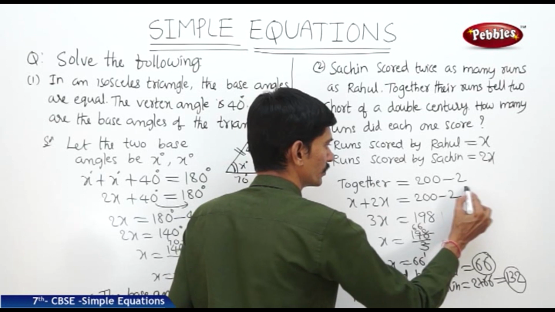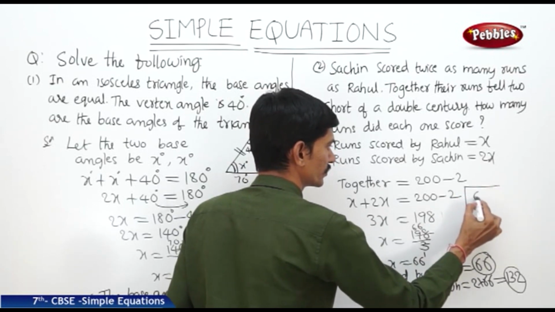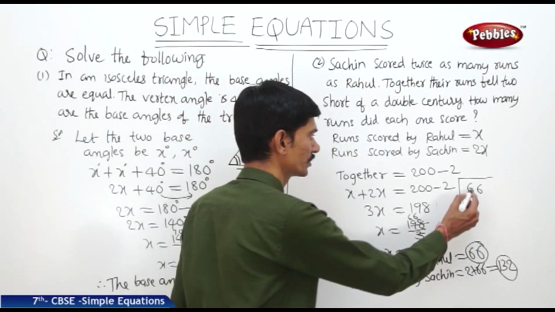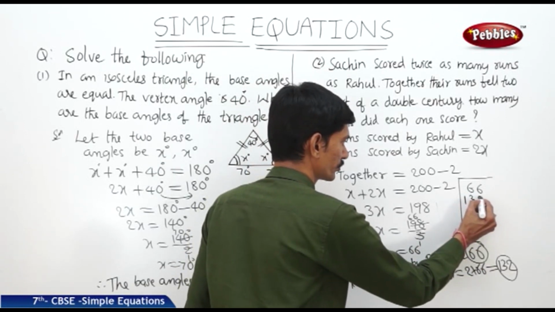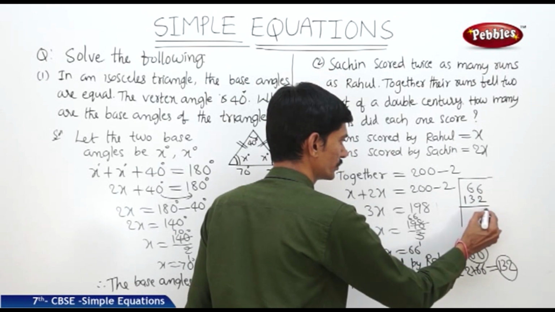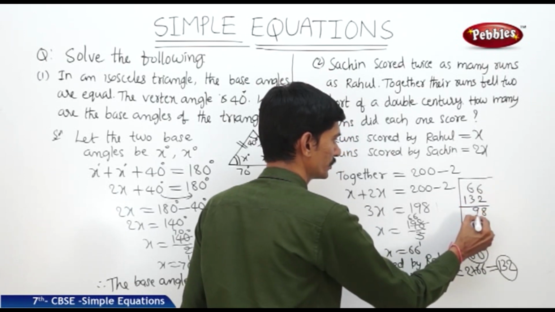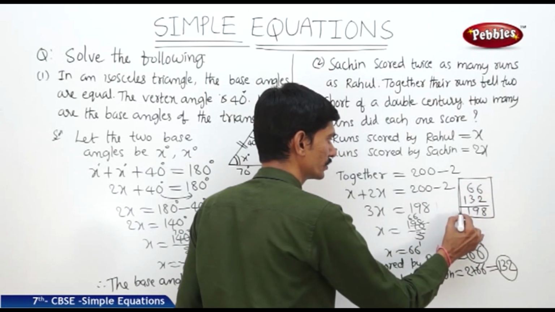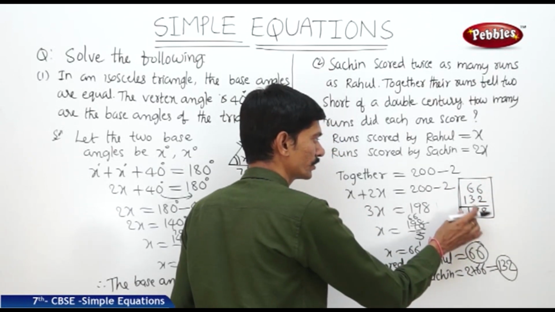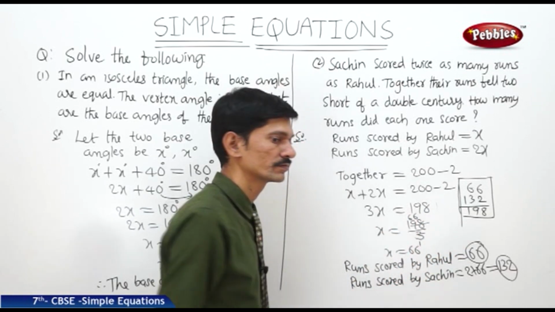When you take the runs together, 6 plus 2 is 8 and 6 plus 3 is 9, 198. So this is too short of the double century, that is 200. So 200 minus 2 is 198.